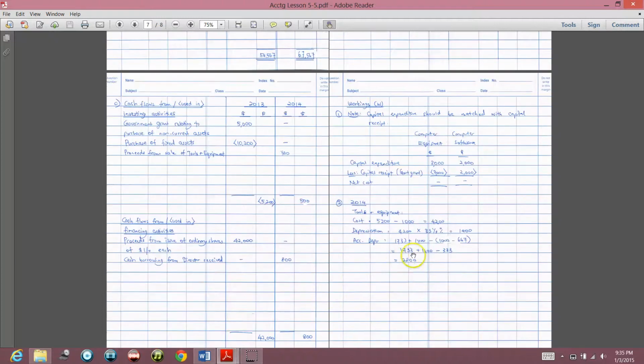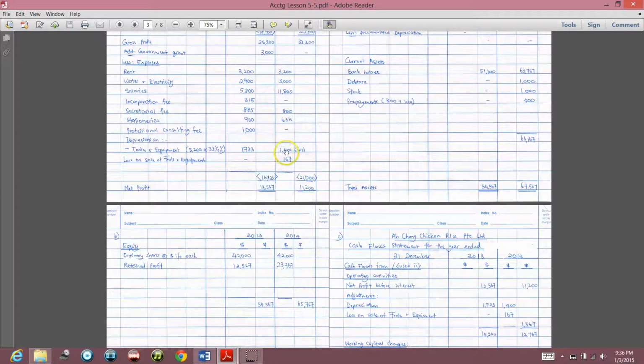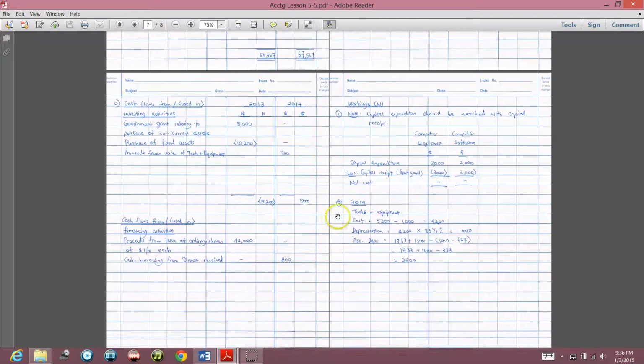This year's depreciation will be 4,002 times 33 and 1/3%, which is 1,004. This 1,004 I will put in as this year's depreciation in this year's income statement, as stated in the workings here.